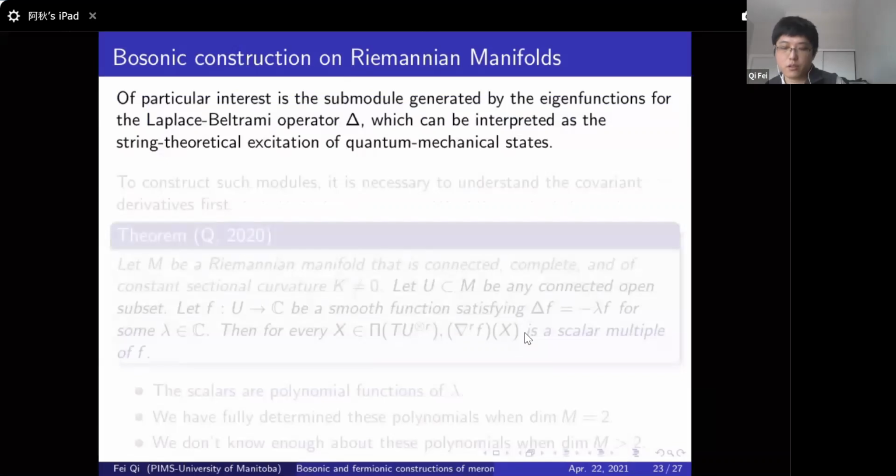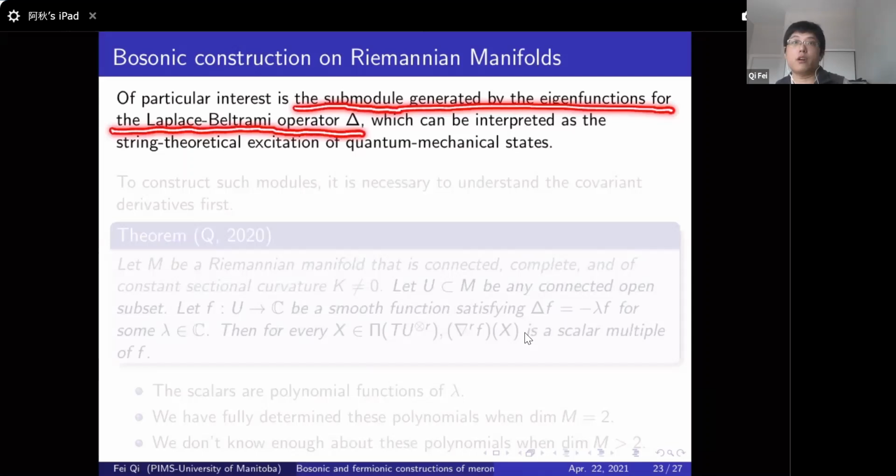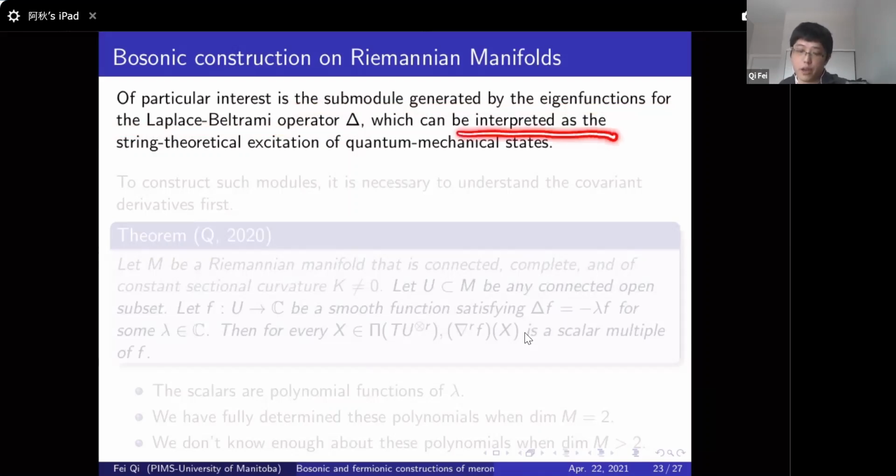Then Huang asked the question: can we determine the submodule generated by the eigenfunctions for the Laplace-Beltrami operator? I will just use delta to describe it. Why do we care about this? Because such a module can be interpreted as the string theoretical excitation of quantum mechanical states.